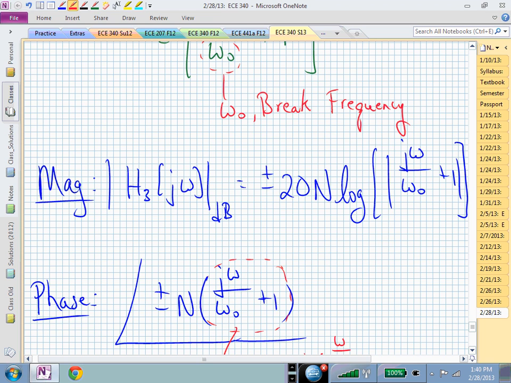And now we have 20 log of 10. Well, that makes sense. Now we're just 20 dB away from where we were at the break. So we're either below by 20 dB or above by 20 dB, and that makes sense. It's a linear factor. We're now sloping at 20 dB per decade after the break frequency.